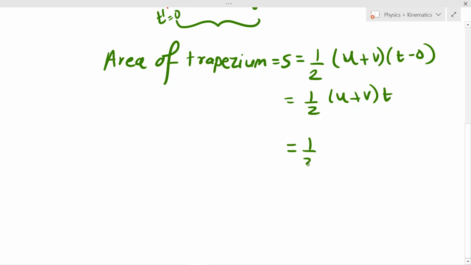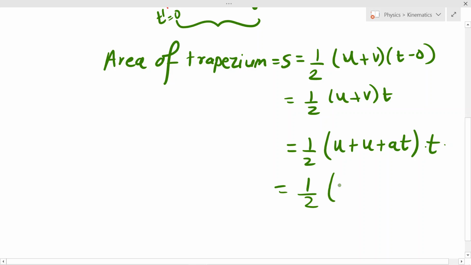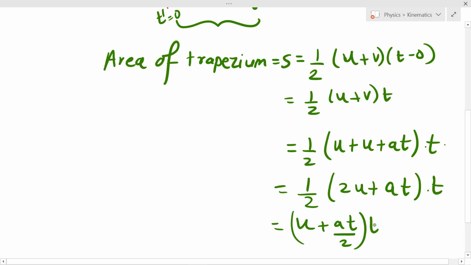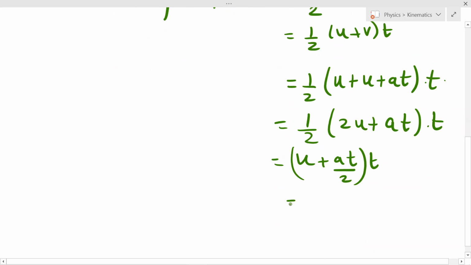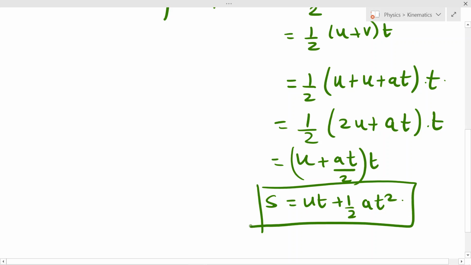Half u plus v can be written as u plus at times t. So this will be half of 2u plus at into t. So this becomes u plus half at, times t. So this becomes ut plus half at square. So s is equal to ut plus half at square.